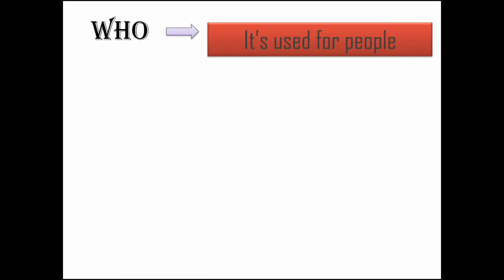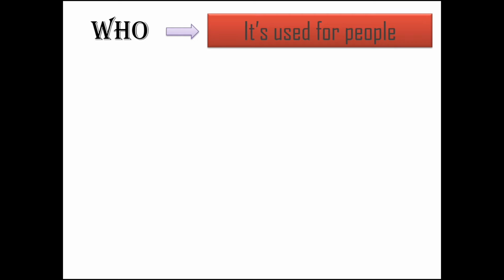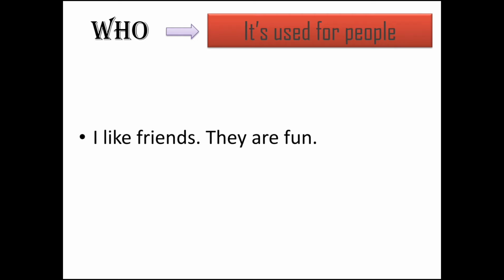The first one is who. So who, as we said, it is used for people. Example, I like friends, they are fun. So we will try to join these two clauses using who. I like friends. So friends, they are people. And also the second clause, they are friends.